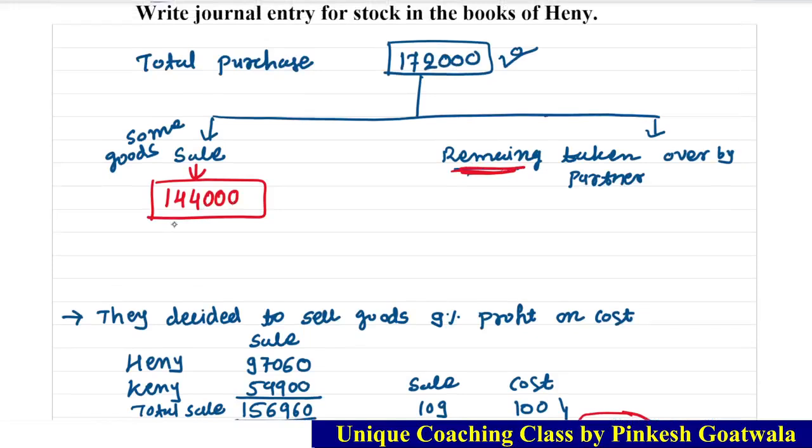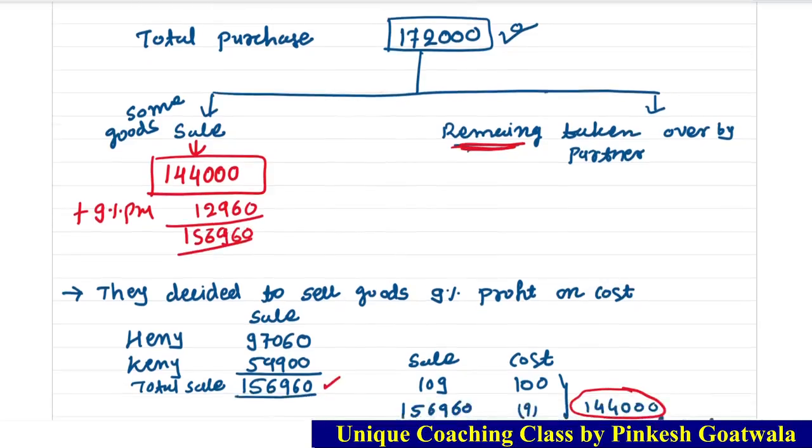You can also check: 144 was sold at 9% profit. If you add 9%, that is 12,960, you will get the sale amount 1,56,960. It is the same amount. So the actual cost of goods sold is 144, sold at 9% profit.